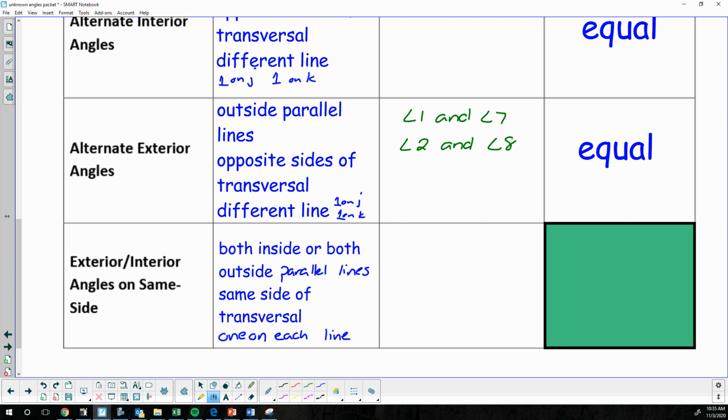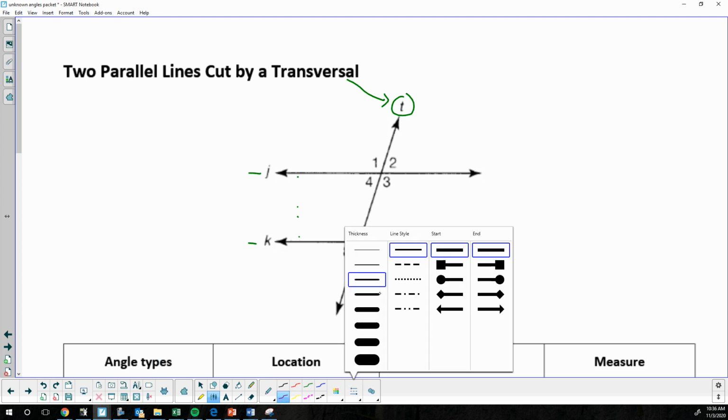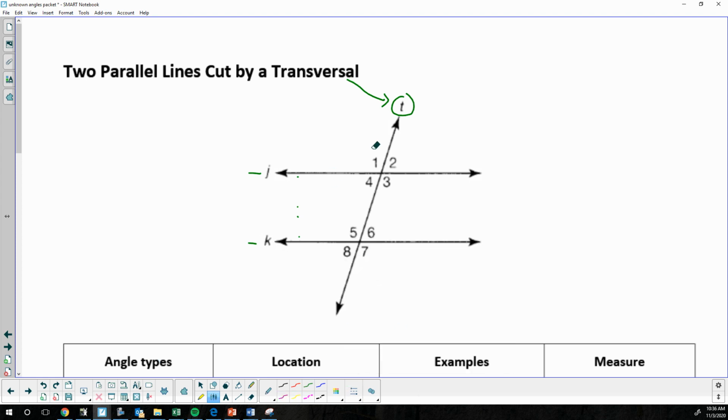Okay. So what that means, let's clear out our other example. Is that if we did, for example, same side interior, okay? So we're dealing with same side interior.